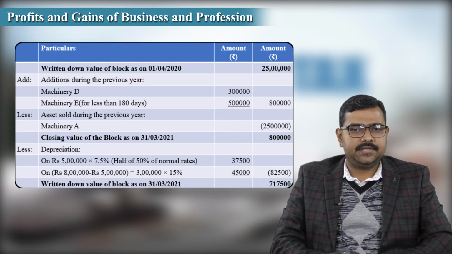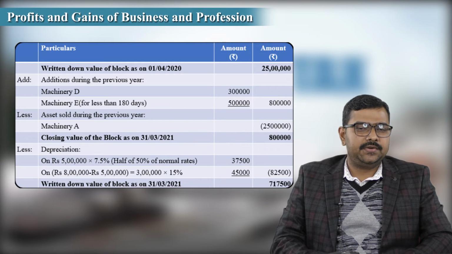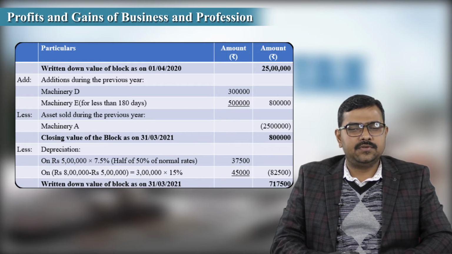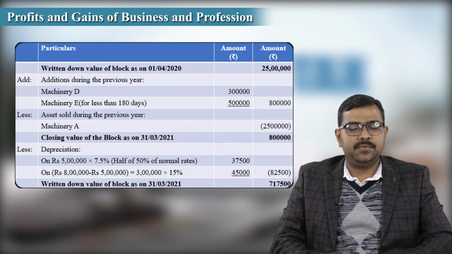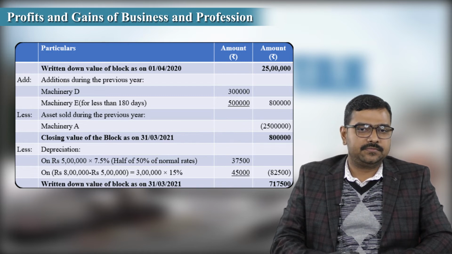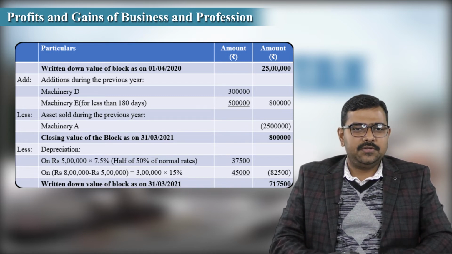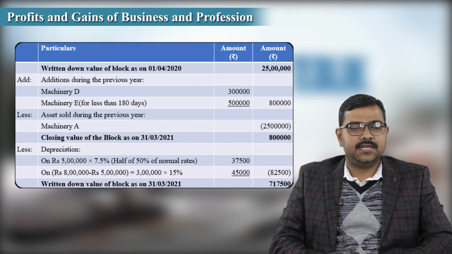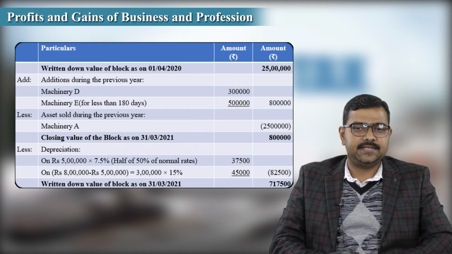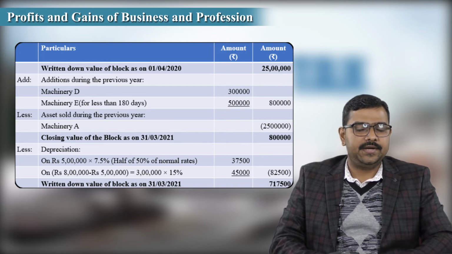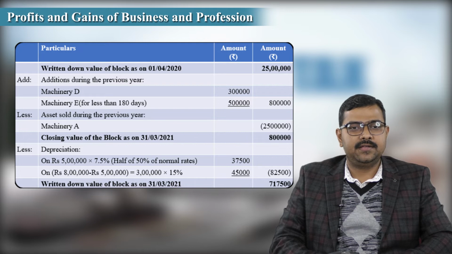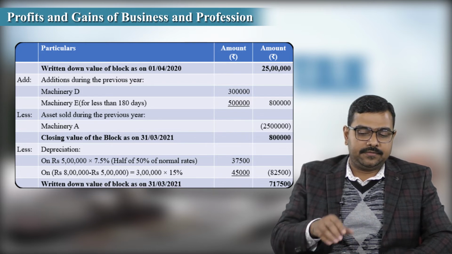Total depreciation is 82,500, and closing value of the block is 7,17,500. So we will not charge depreciation on machinery B and C because the sales value of that block is increasing the value of the block. So the closing value of the block after depreciation shall be equal to 7,17,500. So in that way you will calculate depreciation, which is totally different from accounting.